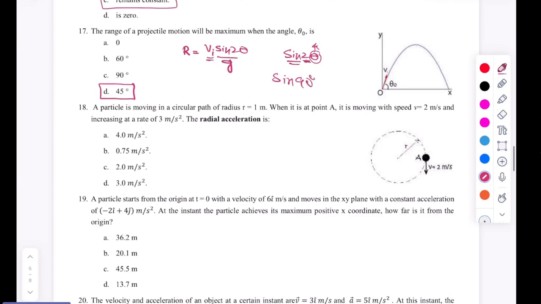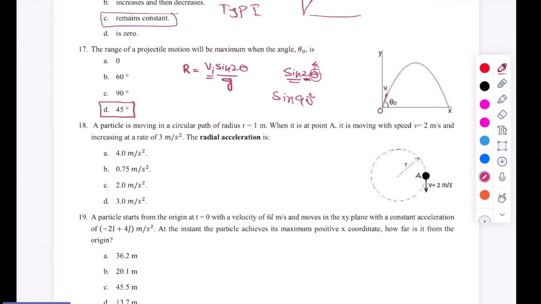Now, question number 18. This is your type 2 question as well. A particle is moving in a circular path with radius 1. At point A it is moving with speed v meters per second and increasing at a certain rate. What is the radial acceleration?